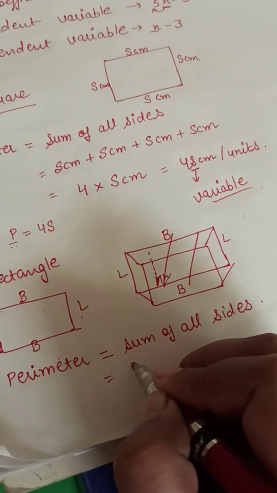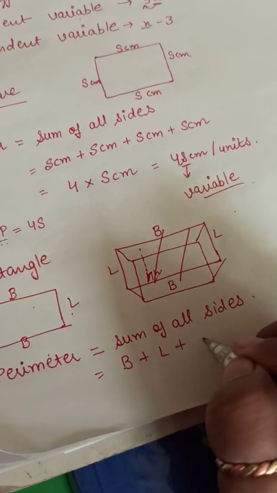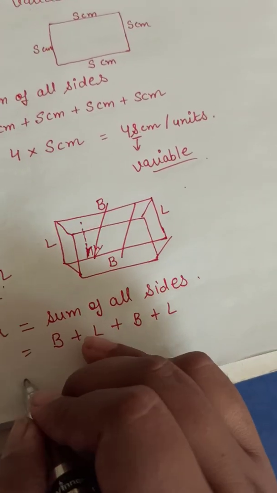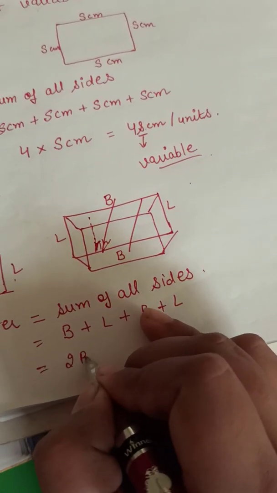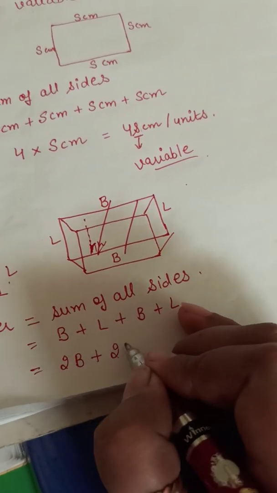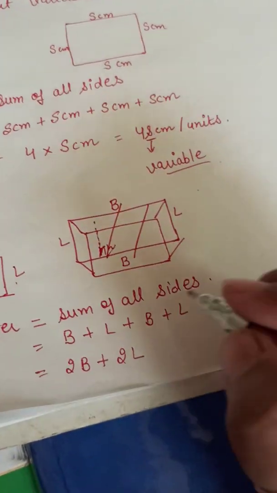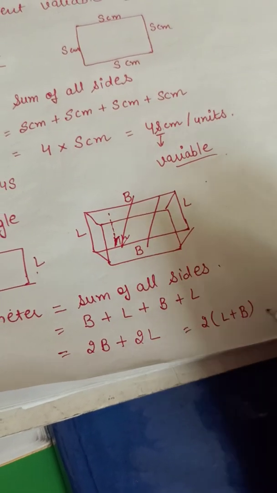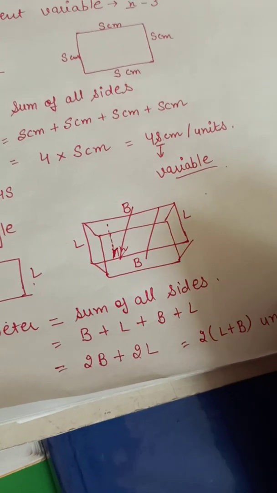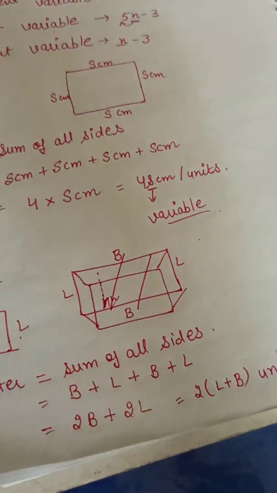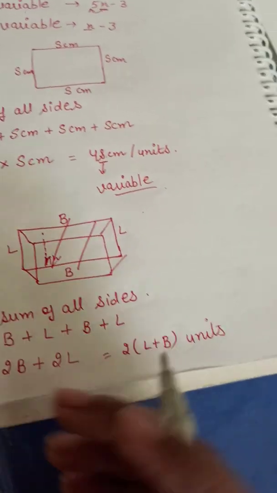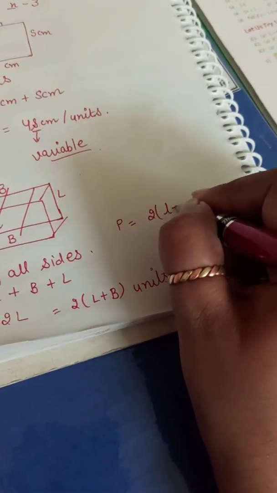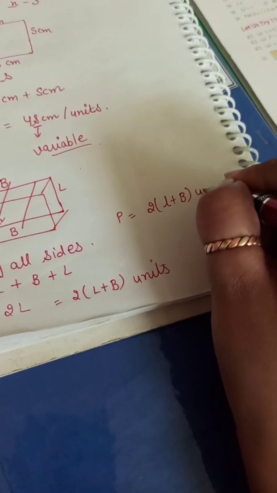Now the sides are B plus L plus B plus L. So B adds with B, it becomes 2B, and L with L, 2L. Can I write it like this? 2 multiply L plus B, and units will be given. So P equals 2 multiply length plus breadth units.